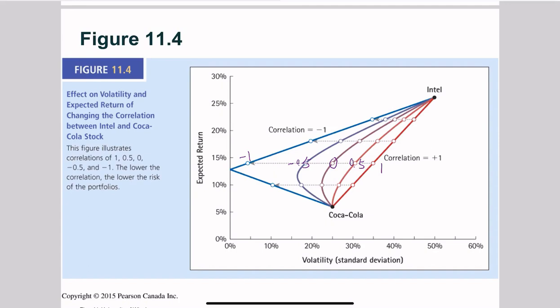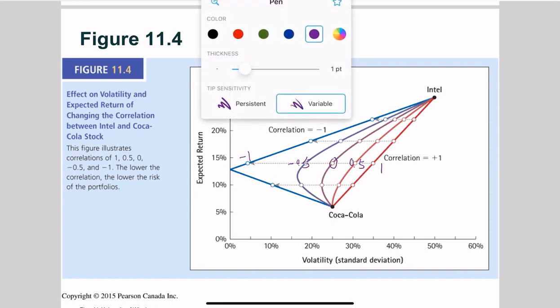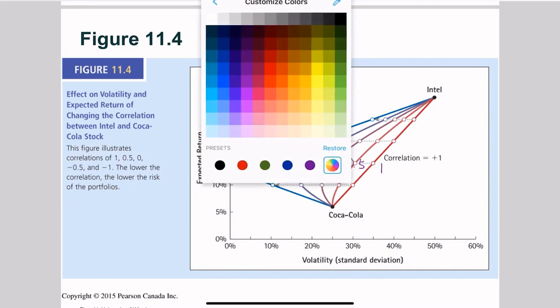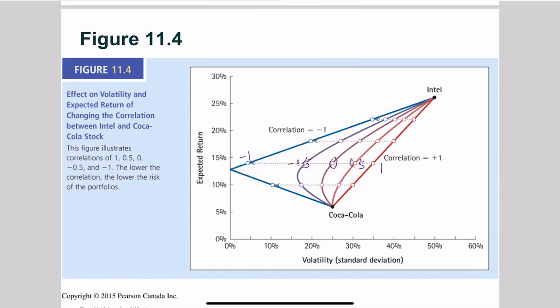Well, if you compare, let me pick a color. If you compare this curve, right, the curve with -0.5 correlation, with this curve, right, the curve with -1 correlation.